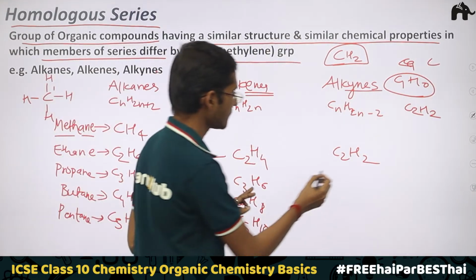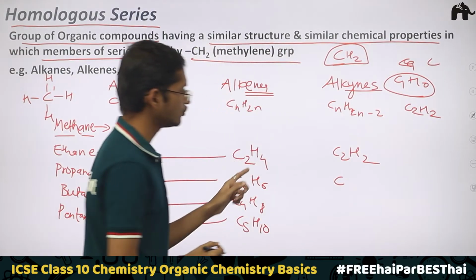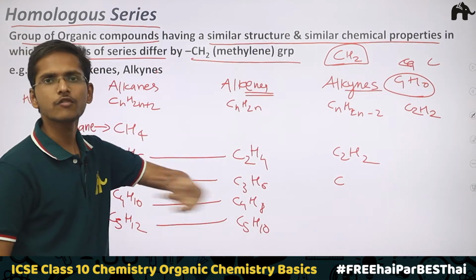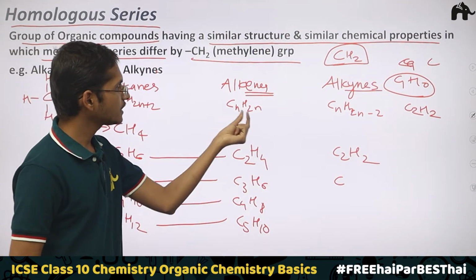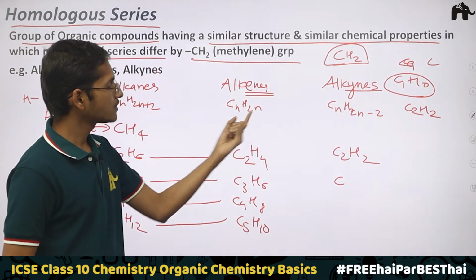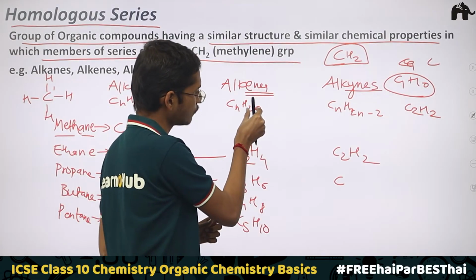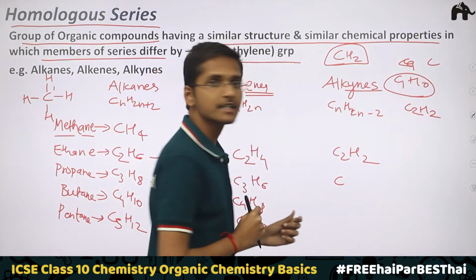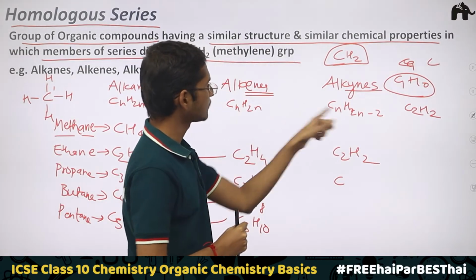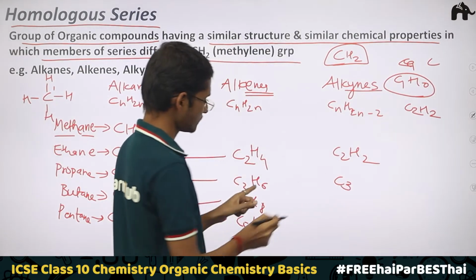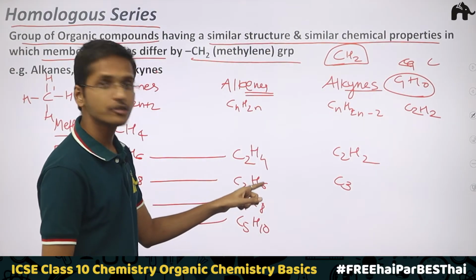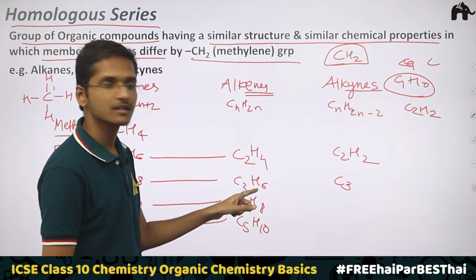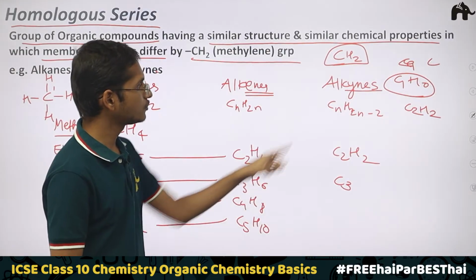Clear? In the same way, you can use the alkene formula to write the alkyne formula. See here, CnH2n. We are just subtracting 2 from whatever 2n is coming, and we get the alkyne. So Cn is the same. So C3, H2n is 6, and we subtract 2 simply.